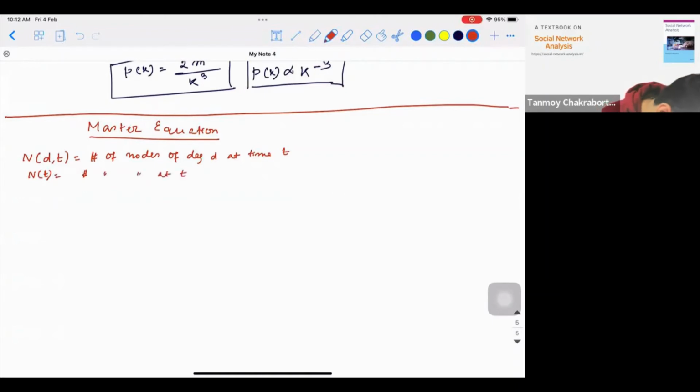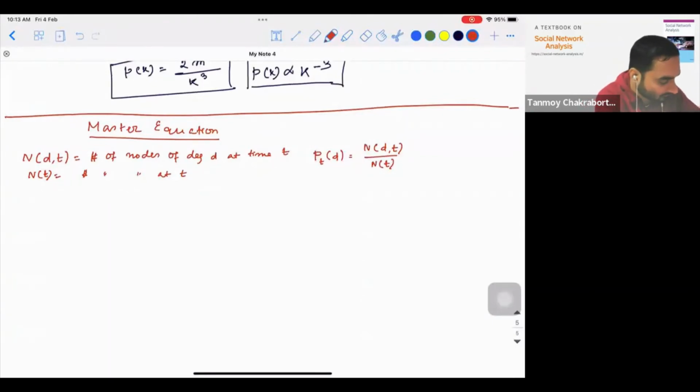So therefore, the probability of nodes with degree d at time t is n of d comma t divided by n_t. Okay, this is simple, right?